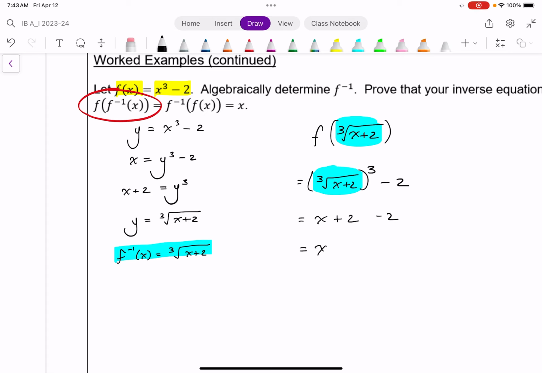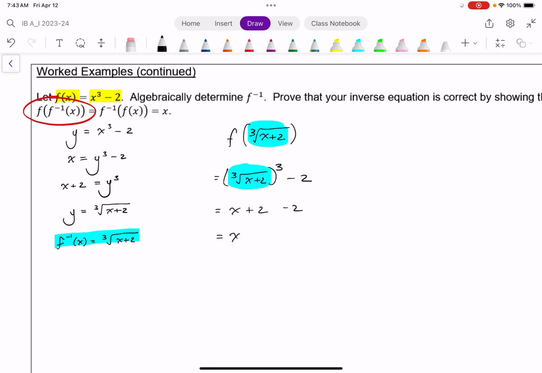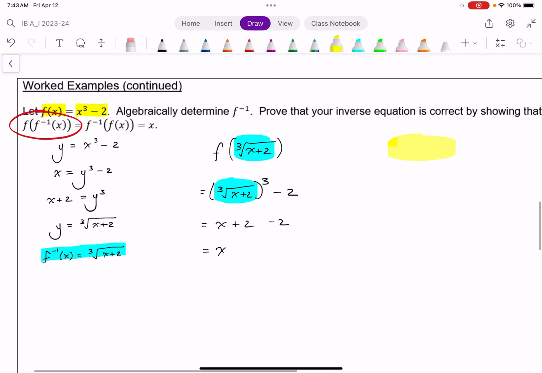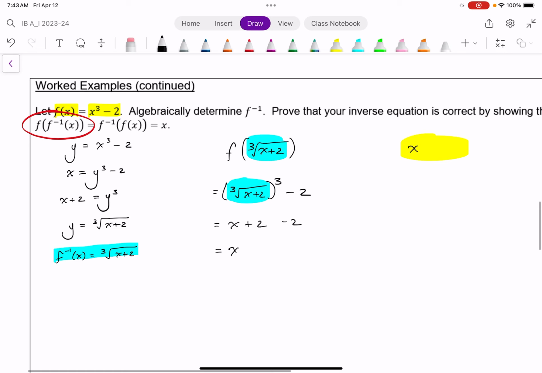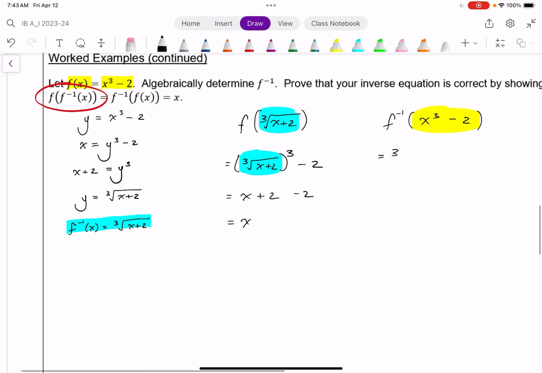That said, to prove that this really is the complete inverse, it should work the other way around. So let me also take f of x, which is x cubed minus 2, and put that inside the inverse. I should also get x. And so the inverse, as I found in blue, is the cube root of x, which is the input, plus 2.